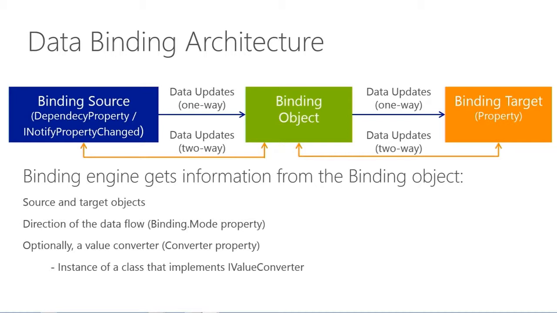Now, that data can come in a number of different ways, and we'll talk about what those ways can be. It can be one-time, one-way, or two-way. And optionally, as that data is moving from the binding source to the binding target, you can do some conversion on it using a converter.